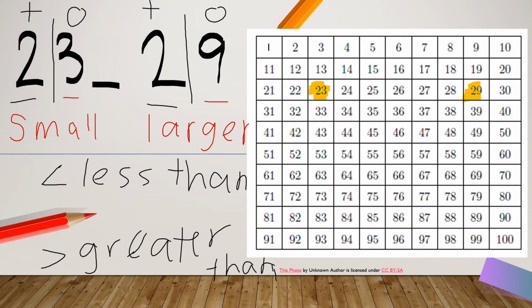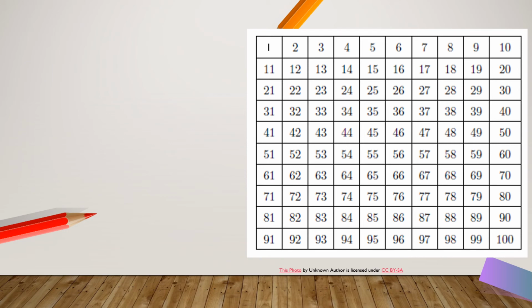So I cannot say that is greater than. So do the next one, the first one that we did. Can I say 23 is less than 29? Yes, I could say that 23 is less than 29 because 23 is my smallest number and 29 is my biggest number.